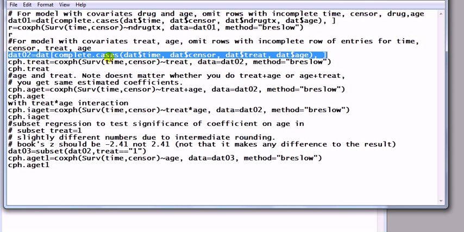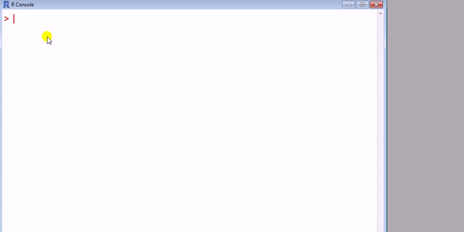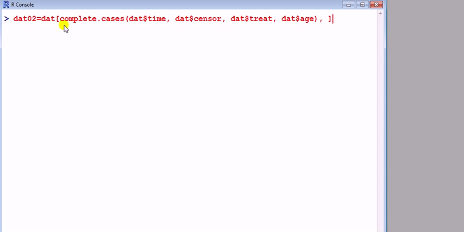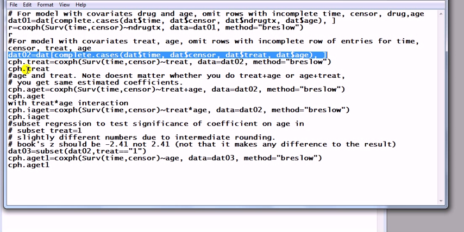Okay, ready, code here. Now because we have some missing values, I'm going to use the data where we've got complete cases, so basically there's no missing observation per row, following the book.